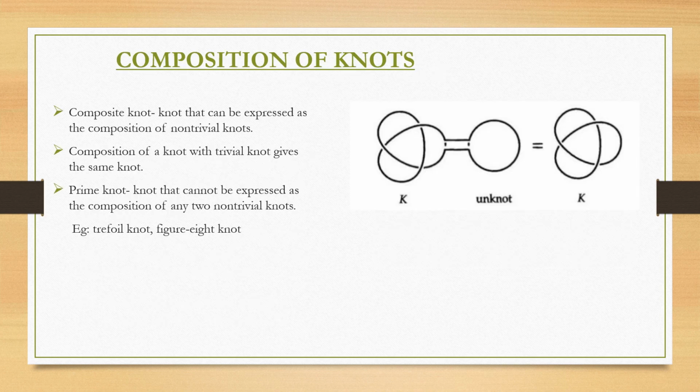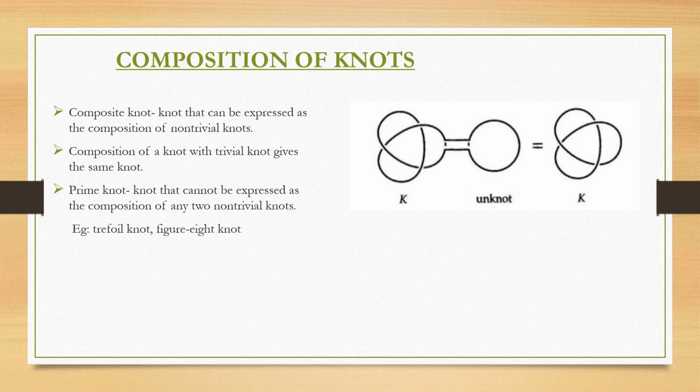Now, a composite knot is a knot that can be expressed as the composition of two non-trivial knots. Just in front, as we began discussing the composition of knots, the image that was attached with the description was a composite knot because it can be expressed as a composition of two non-trivial knots.